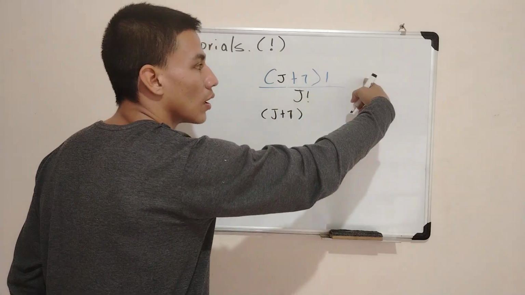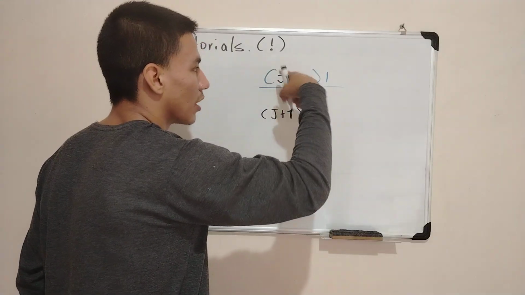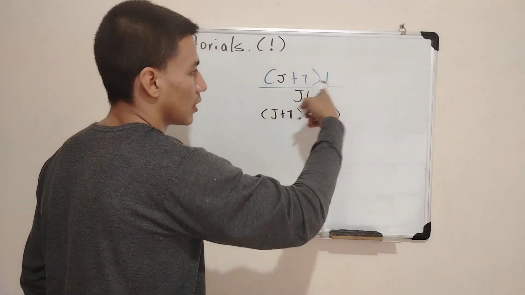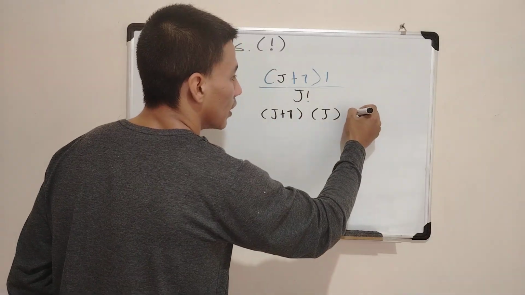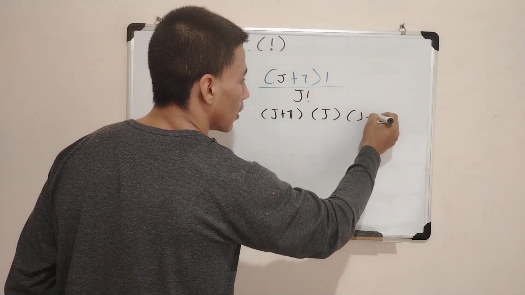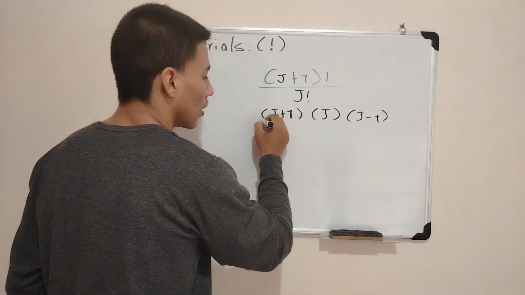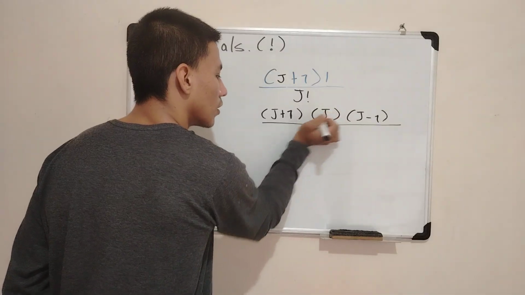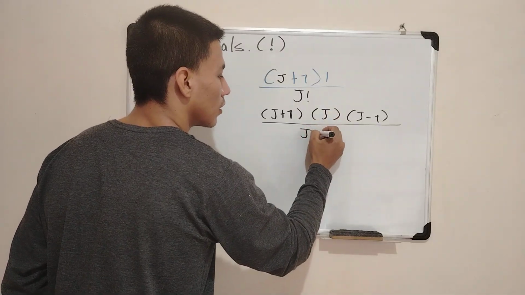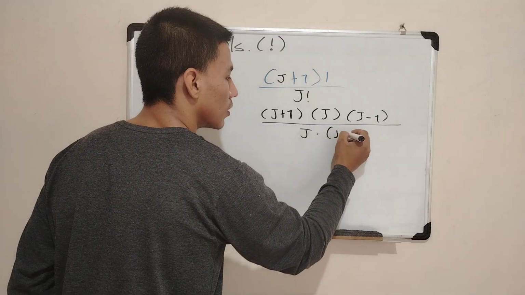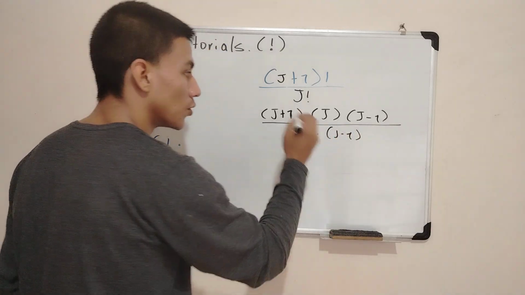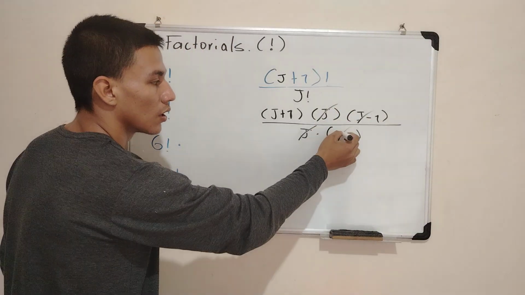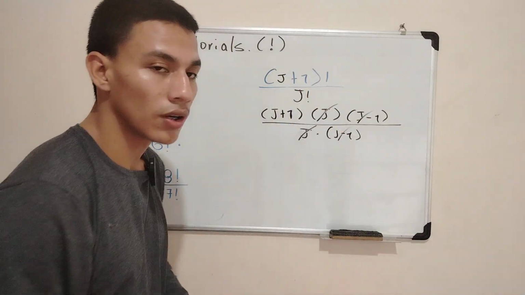One value less than j plus 1 is j, and one value less than j is j minus 1. In this case you can simplify j plus 1, j and j minus 1, and you just get j plus 1. That was what I just told you.